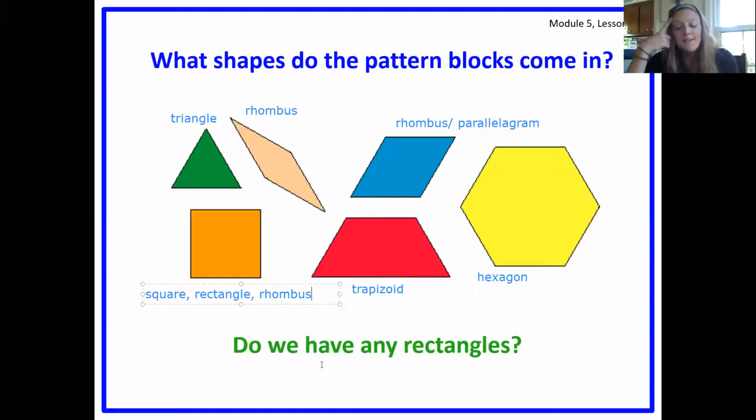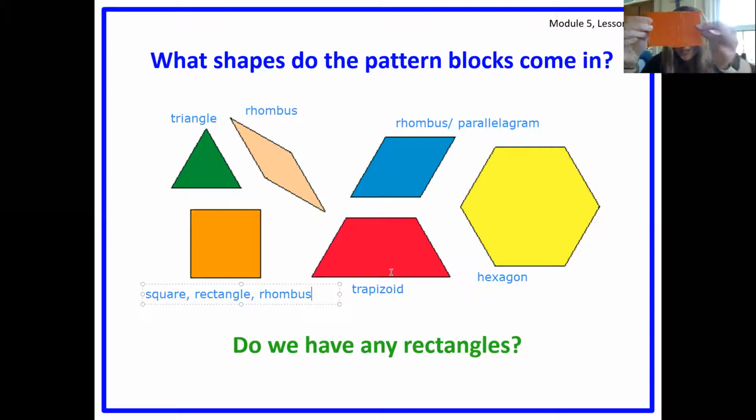Do we have any rectangles? Well, we do, but not one that's only called a rectangle, right? So how can we make a rectangle? Like I showed you before, remember, we can put two squares together to make a rectangle, right?